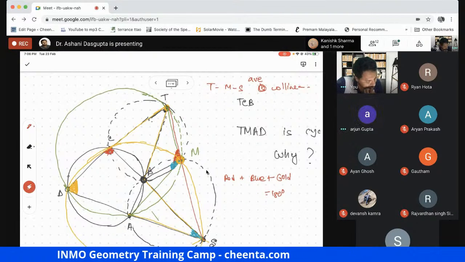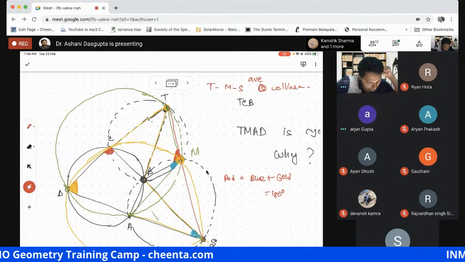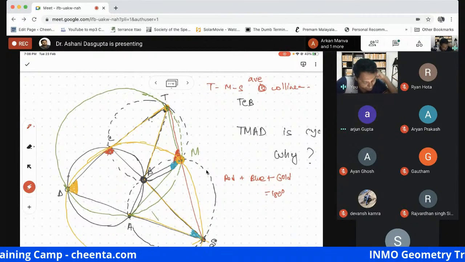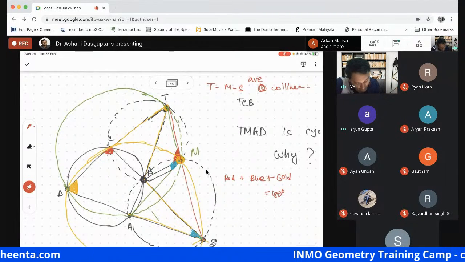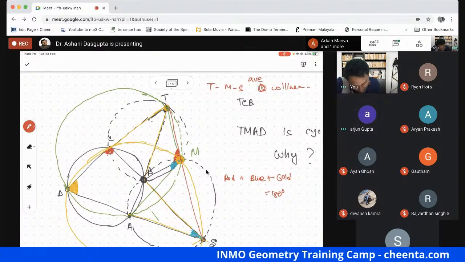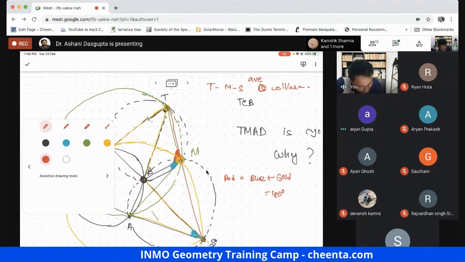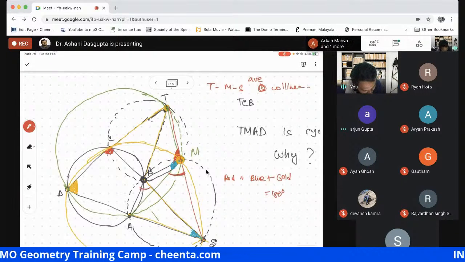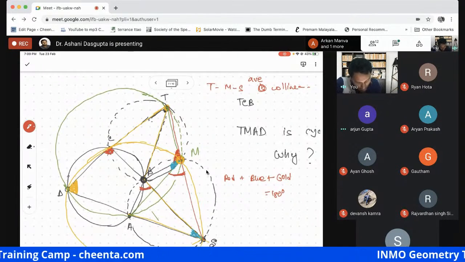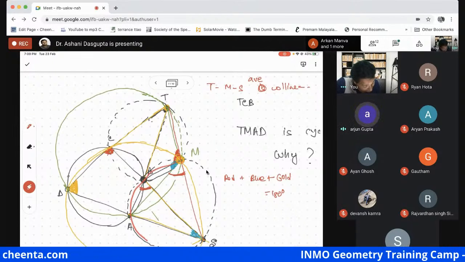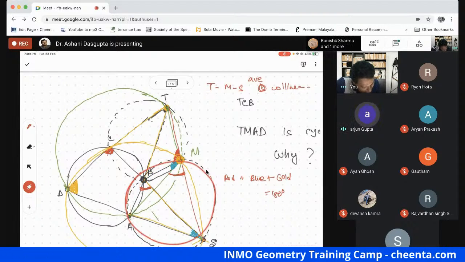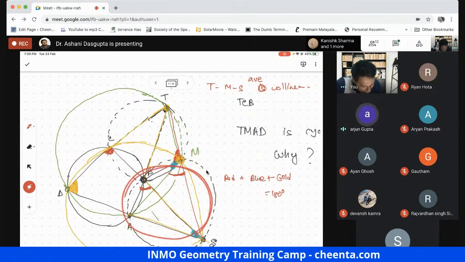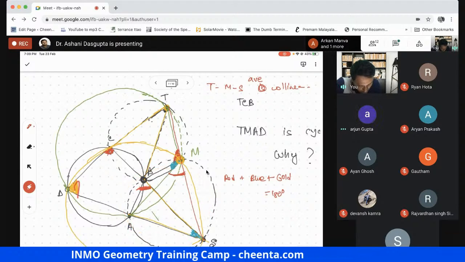So I'll just mark what he's saying. This angle right here is equal to this angle right here, and that red marked angle is equal to the golden angle.